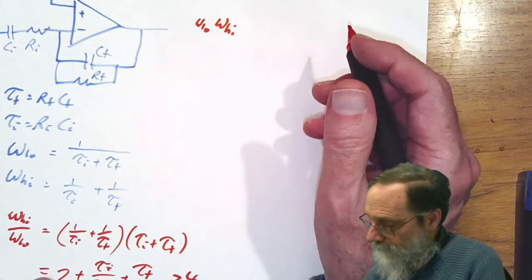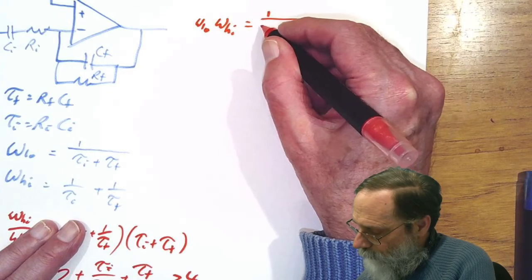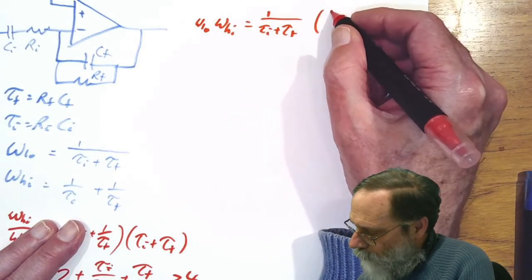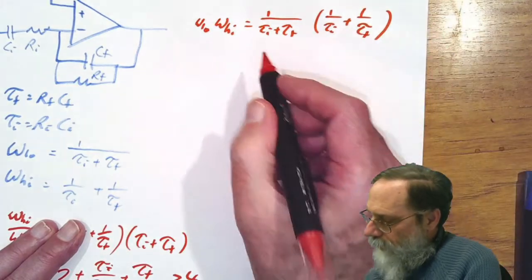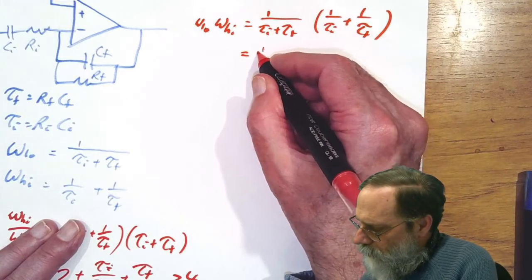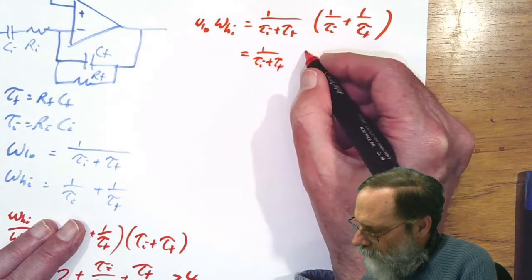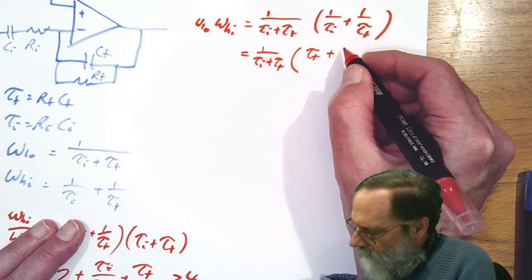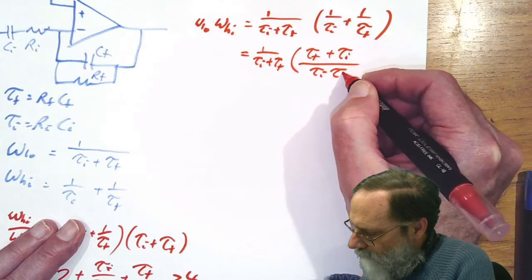Well, that's going to be 1 over tau I plus tau F times 1 over tau I plus 1 over tau F. And we could get this thing to have a common denominator. And this is then going to be tau F plus tau I over tau I tau F.